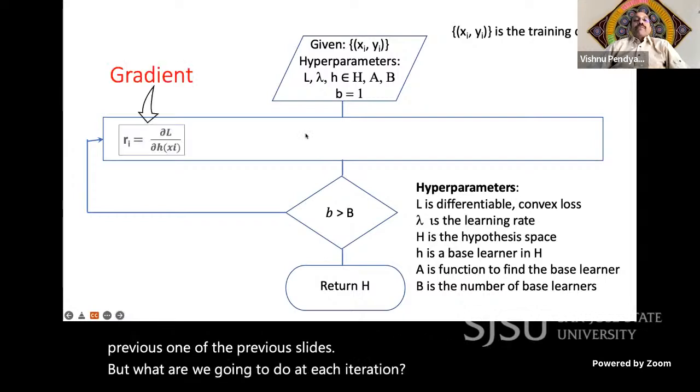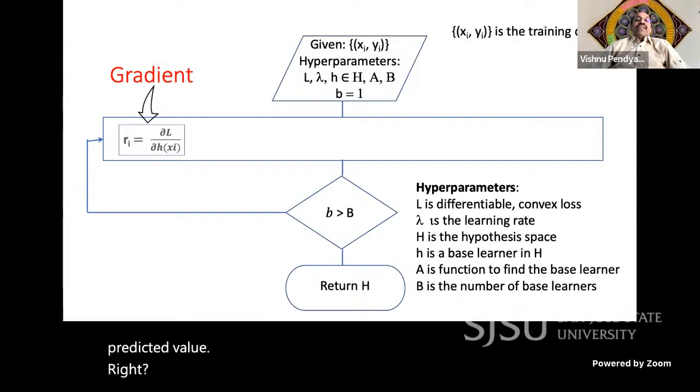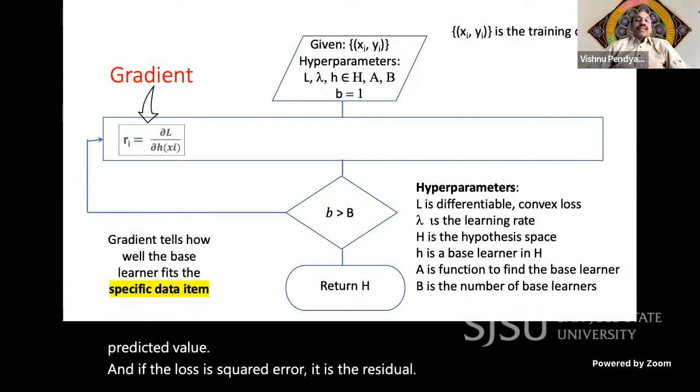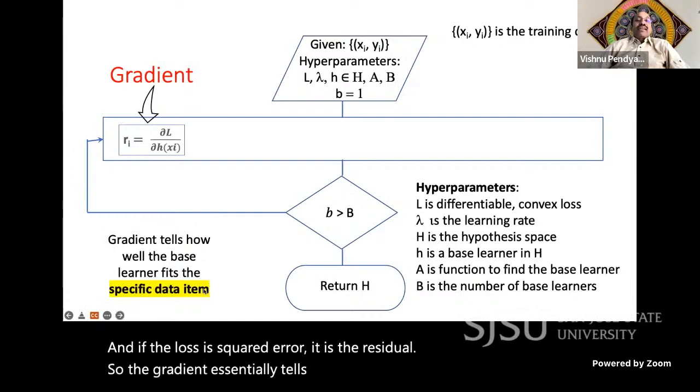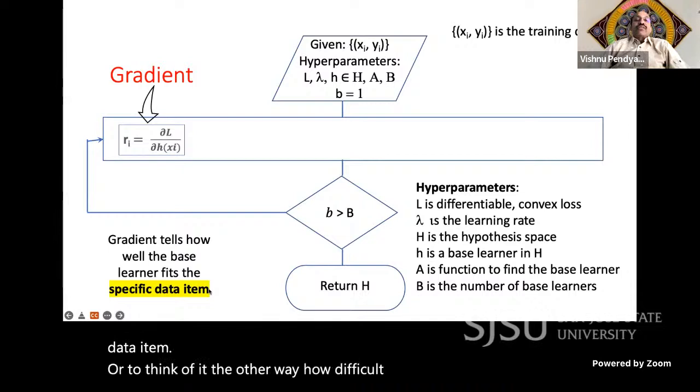First, we compute the gradient with respect to the predicted value, right? And if the loss is squared error, it is the residual. The gradient essentially tells us how well the base learner fits the specific data item, or to think of it the other way, how difficult it was for the data item to be classified.